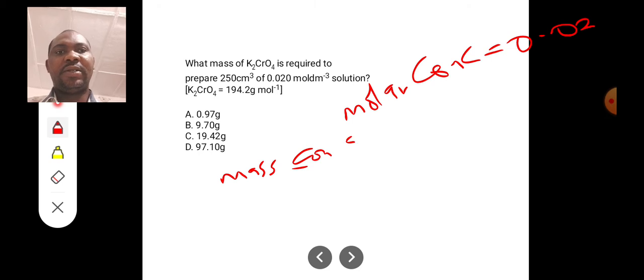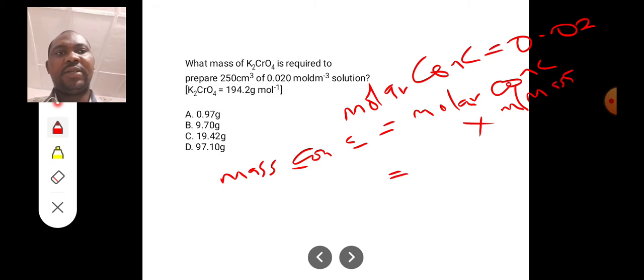Since mass concentration is equal to the molar concentration multiplied by molar mass, when we cross multiply, that's going to give us 0.02 multiplied by the molar mass, which is 194.2.